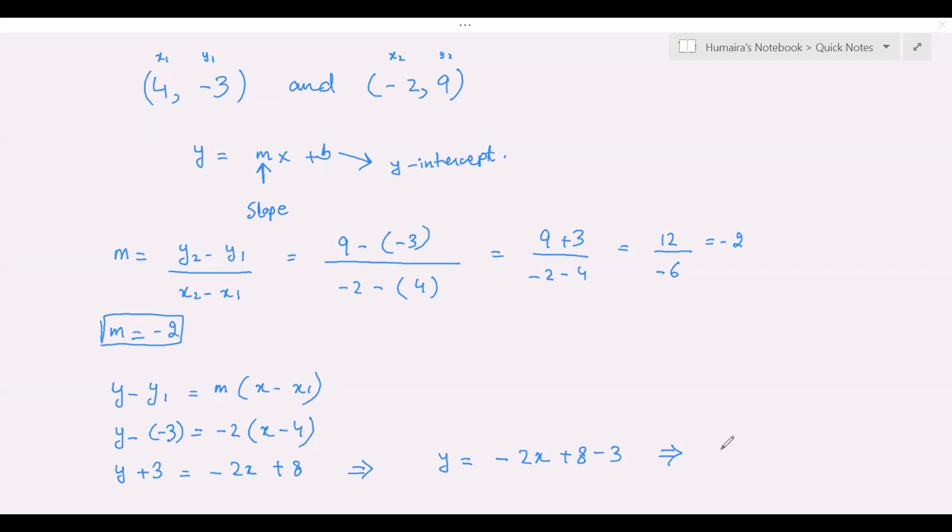And then we will have y equals negative 2x plus 5. When we compare this equation with the general form, m is representing this negative 2 as the slope, and b, the y-intercept, is representing the value of 5. So this is our equation of the line that is passing through these 2 points. So here we are done.